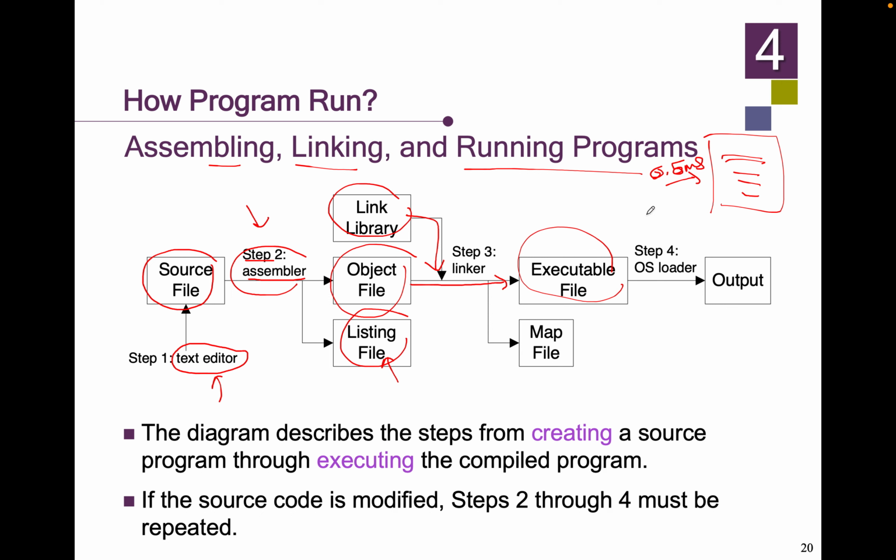But this is the process, and there is also a map file. In step 4, your operating system loads your executable file, and that's why you can see your output.